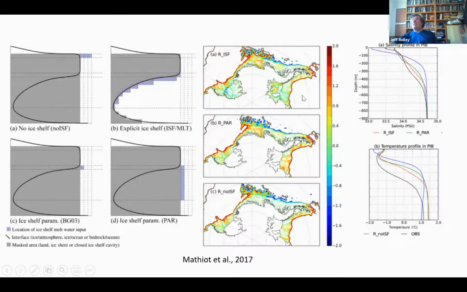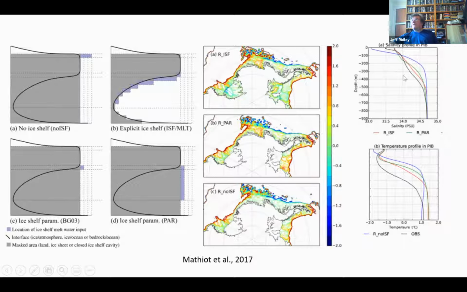And so the only place that there's a difference between this parameterization, the best parameterization, and having explicit ice shelves, is in the Weddell Sea, where there's a difference between all the parameterizations. And so we assume that the explicit one is correct. So this large cold shelf is different, whereas for the Ross ice shelf, actually the near field isn't much different in any of them.